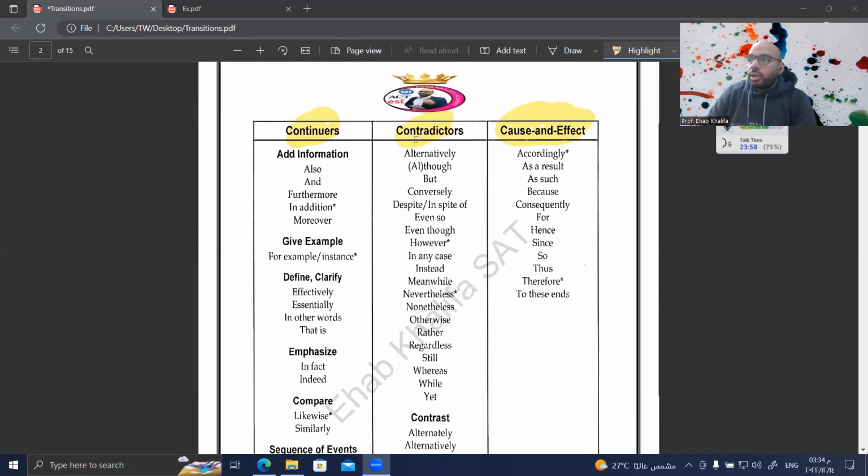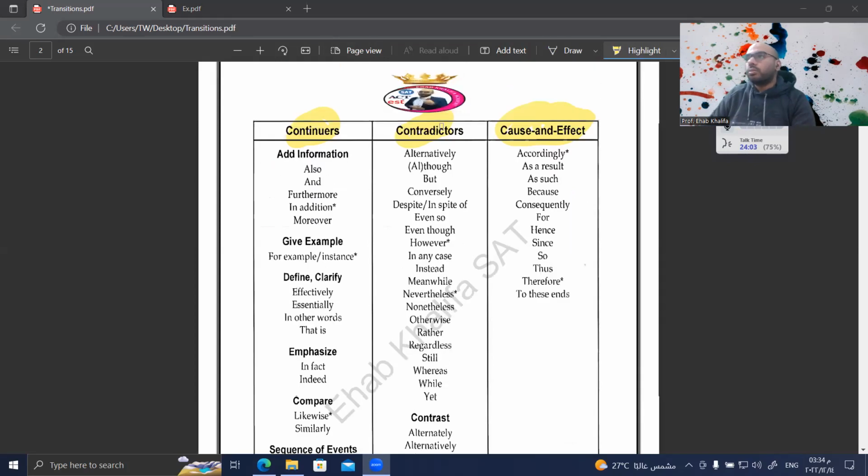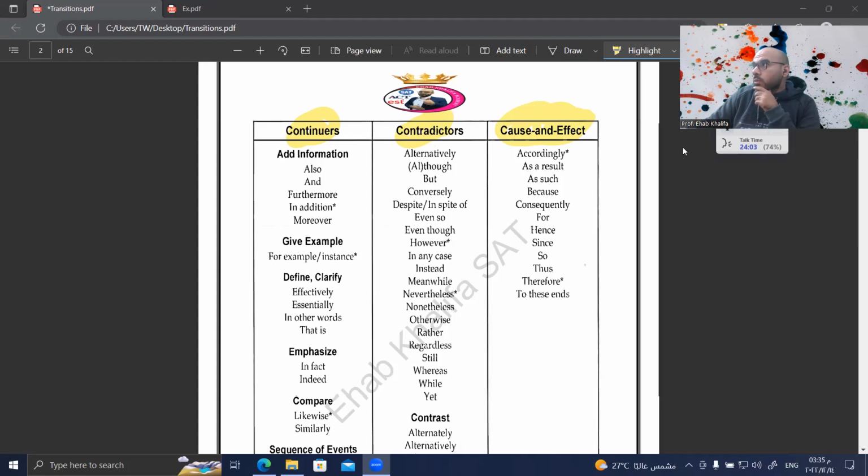As for the contradictors, we have, read them, Muhammad Ansam, read the contradictors. Alternatively, although, but, conversely, despite, in spite of, even so, even though, however, in any case, instead, meanwhile, nevertheless, nonetheless, otherwise, rather, regardless, still, whereas, while, yet.